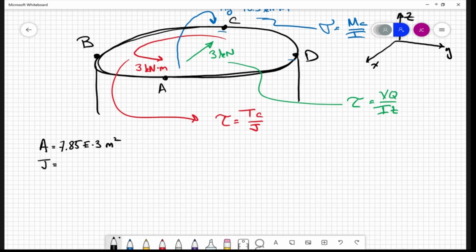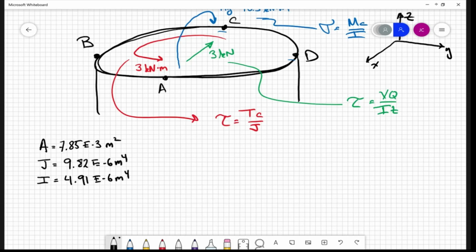J is going to be 9.82 times 10 to the minus 6 meters to the fourth, and I is going to be half of that, which is 4.91 times 10 to the minus 6 meters to the fourth as well. We'll have to do Q, but let's hold off on Q until we know exactly the cross section we use for calculating Q, okay?